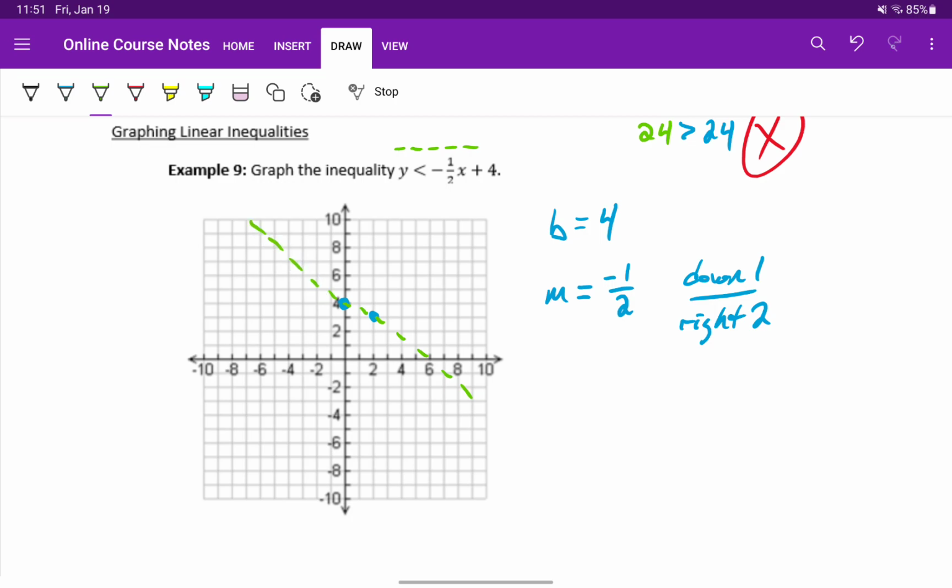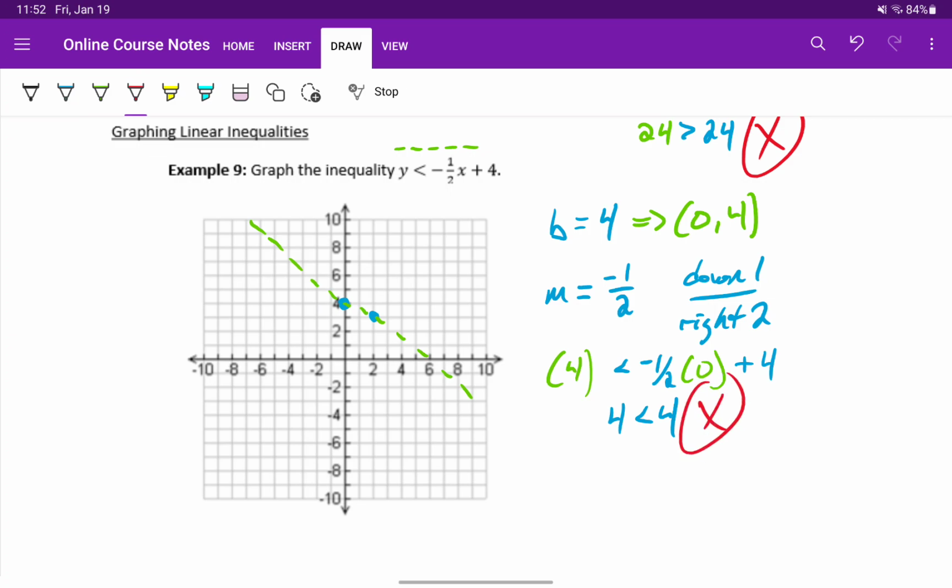With a dashed line. The reason that we do that is because the points along this line aren't actually solutions to the original inequality. For instance, our intercept is (0, 4). If we plug those values in, we would get 4 is less than negative 1/2 times 0 plus 4, which would give us 4 is less than 4.